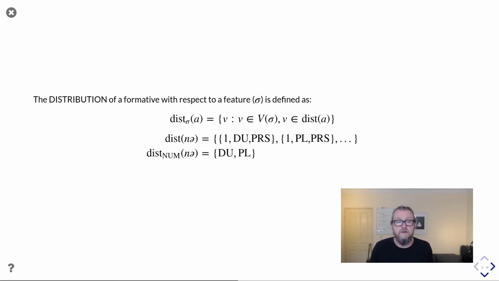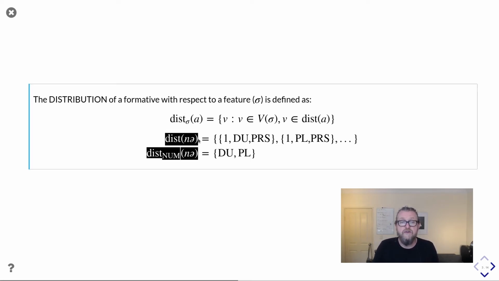To be more precise, we established the distribution of ne as first dual present and first plural present. So we can talk now about the distribution of ne with respect to number as being dual and plural, the two number values that it has. So we can now start to make more and more precise statements about this formative ne.